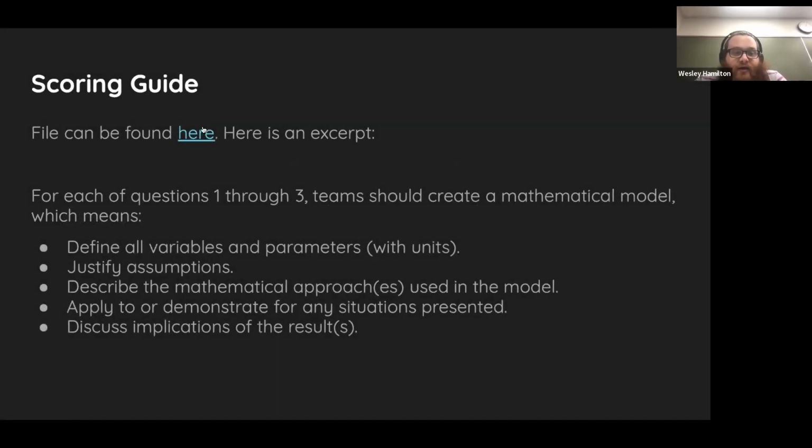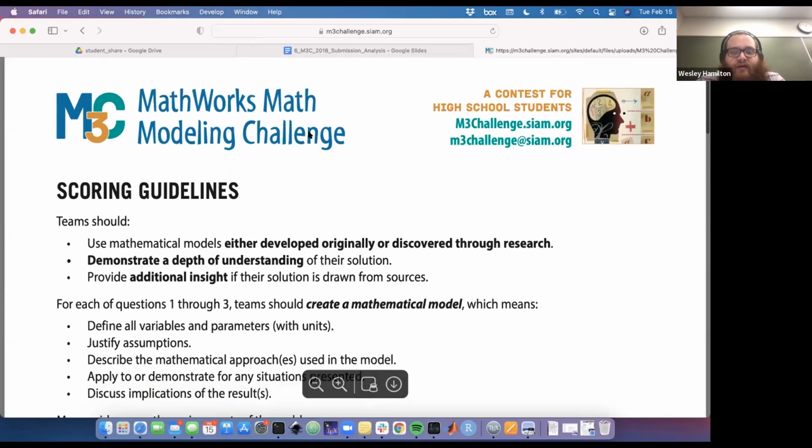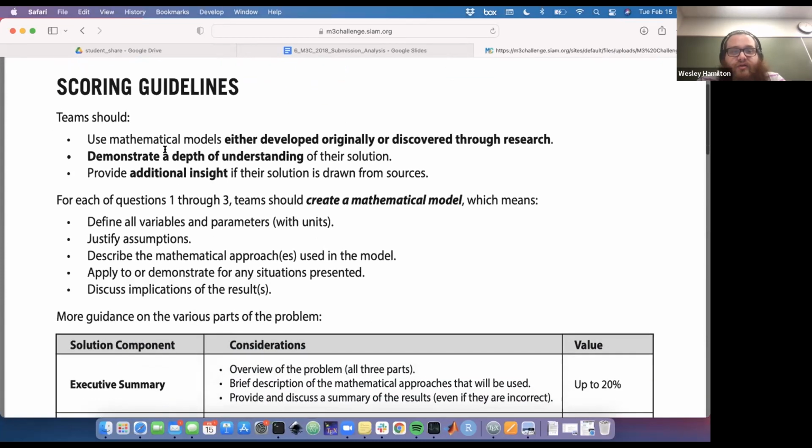So this slide you've seen previously, and all of these slides have been moved into the student share folder, so you can access them. The scoring guide that M3C uses can be found here, where it talks a bit about what teams should be doing and keeping in mind as they write up their submissions.